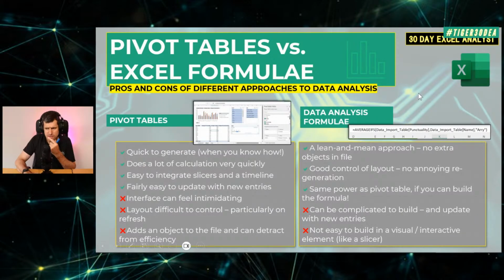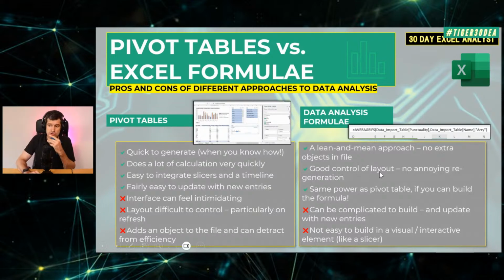So to summarize a little bit, we talked about the pros and cons of pivot tables. Now you've seen data analysis formulae in action. Let's talk about some of the pros and cons. Well, it's lean and mean. No extra objects in the file, so no tables or pivot tables in the file. As I said, that can slow down file efficiency. Yes, data analysis formulae can do that too, but I find they do it less than a pivot table.